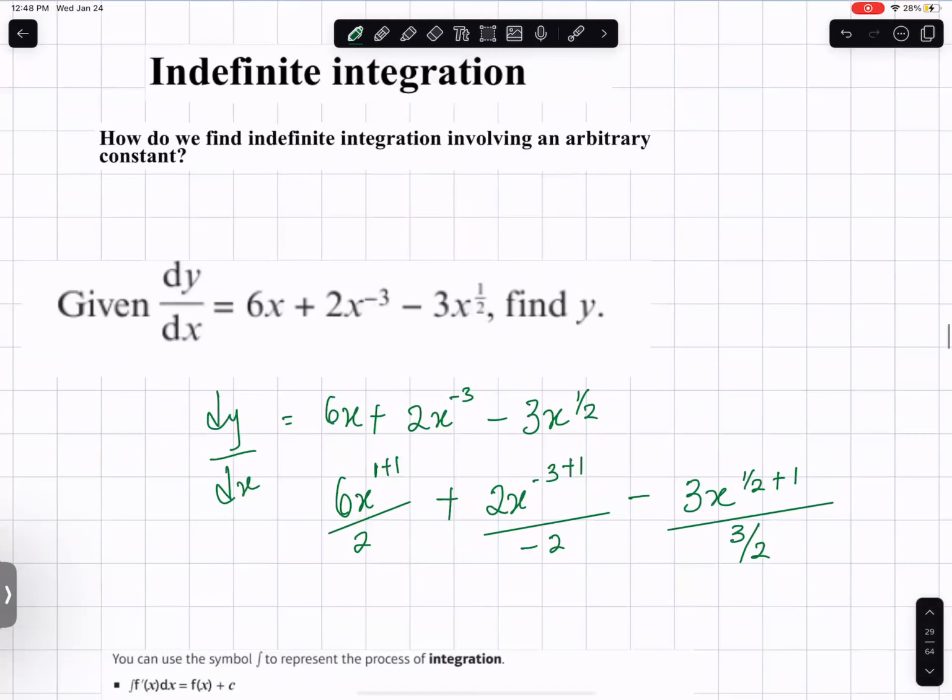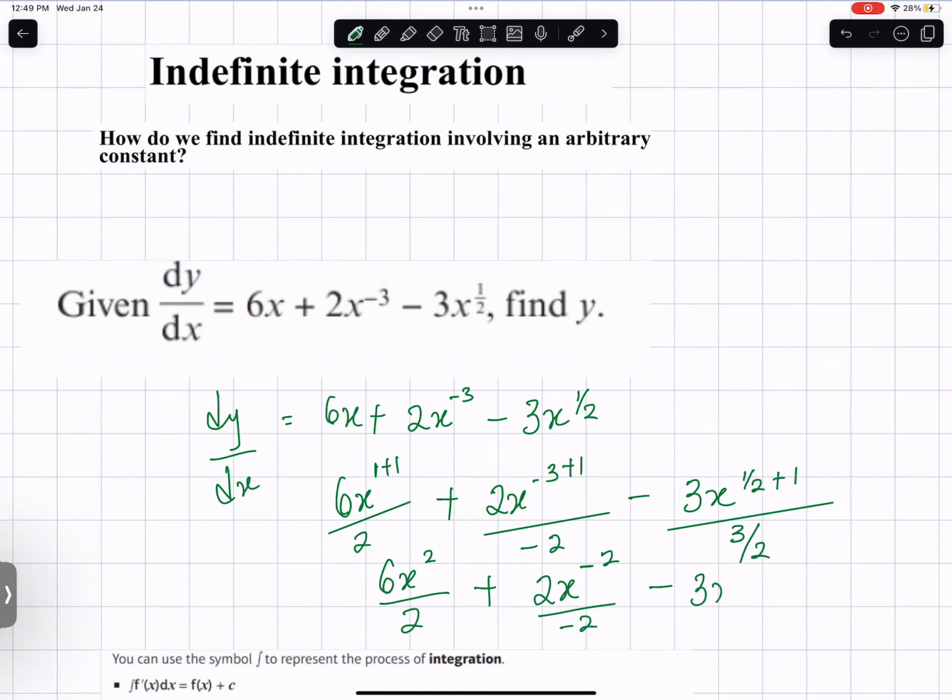So we have this as 6x squared over 2 plus 2x^-2 over -2 minus 3x raised to the power of 3 over 2 divided by 3 over 2. Moving further to solve this, 6x squared divided by 2 will give you what? 3x squared.